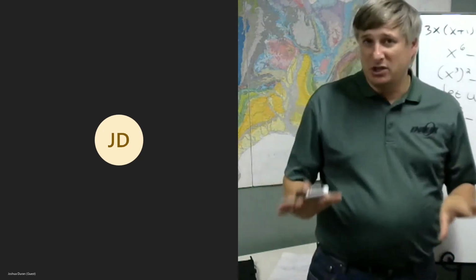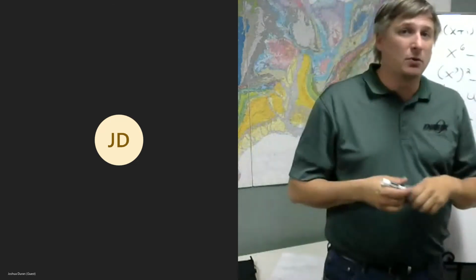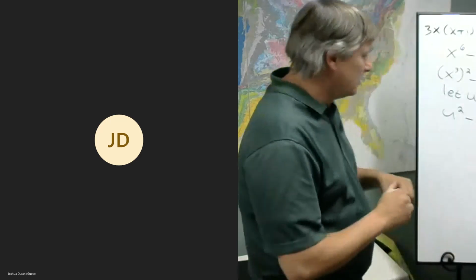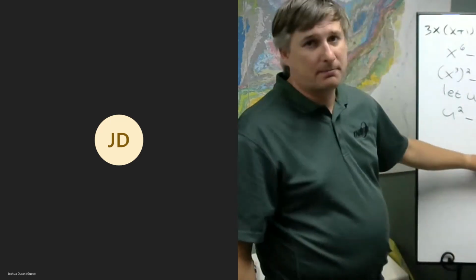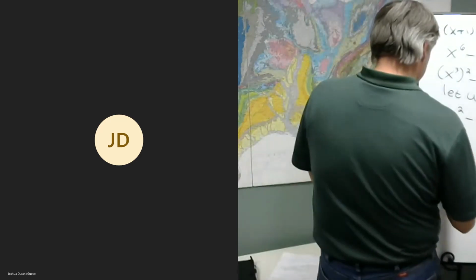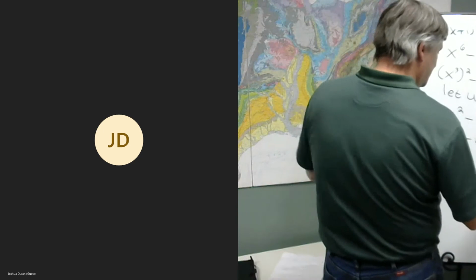So there's one way you can check this. Sometimes, as you've seen, polynomials don't factor. We call those prime. One way we can tell this is prime is recall the quadratic formula. I use U here instead.